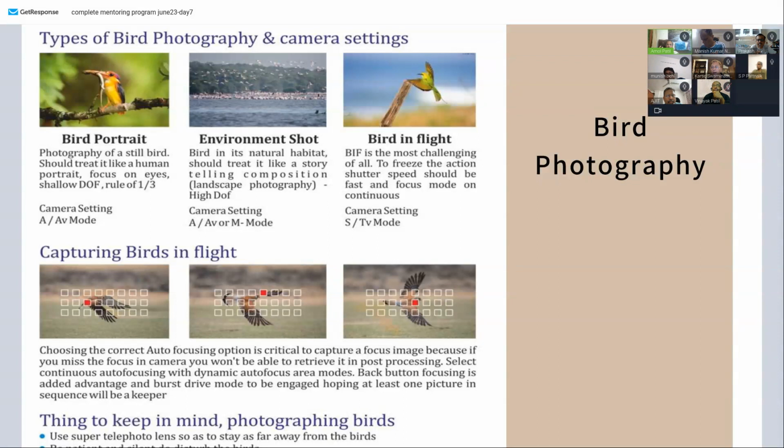Anything else? Right? And your shutter speed needs to be higher depending on the size of the bird. I believe if you have a very small kind of bird, then it will be, I think, more than 3,000 to 5,000. And if it is a bigger bird, it may be 2,000 to 3,000, I think.